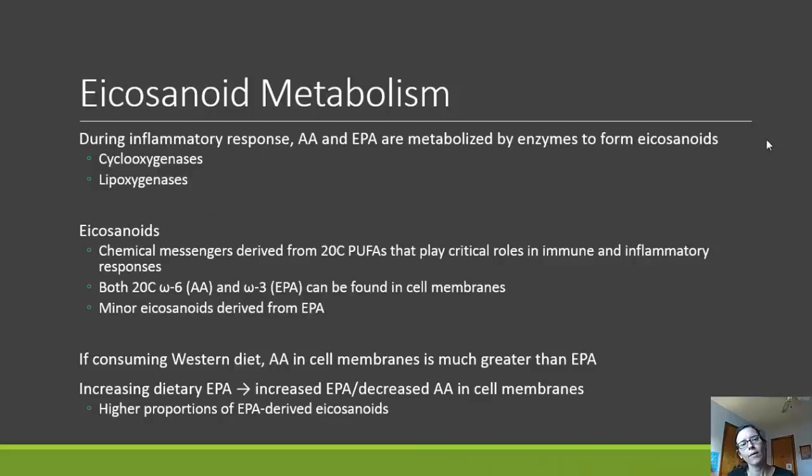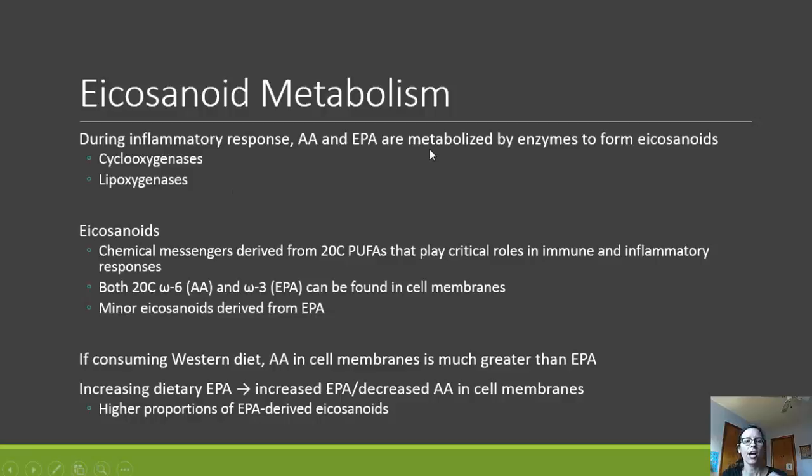Okay, now, during an inflammatory response, our body is going to metabolize arachidonic acid and EPA to form eicosanoids. Now, one take-home message from this is that both arachidonic acid and EPA are 20 carbon fatty acids. So both of these are incorporated into our cell membranes.